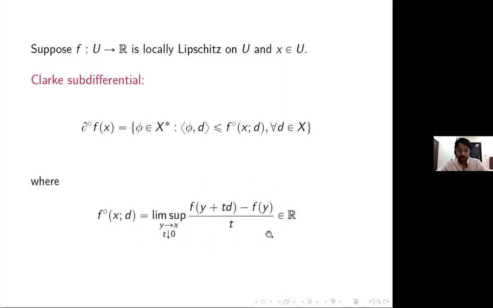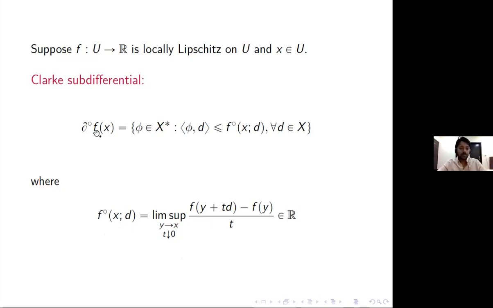And the Clarke directional derivative is given by this quantity, which is the lim sup of this quotient where y tends to x and t tends to 0, t positive. And because f is locally Lipschitz, for y near x and t small, this quotient is bounded above. That is why the lim sup exists, and we have this Clarke subdifferential.